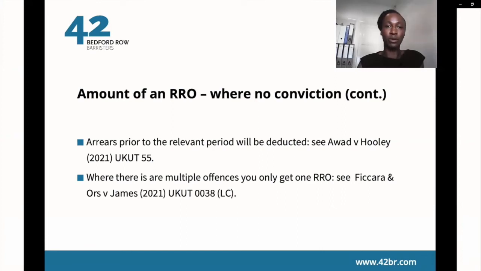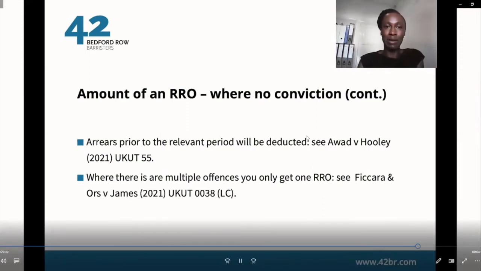The first tier tribunal, they were satisfied that all of those 3 offences had indeed been committed, but they said that they could only award 1 rent repayment order up to the maximum of 12 months. The tenants appealed and the upper tribunal essentially said what we need to do is look at the wording of section 44, and the same would apply for the precise wording of section 45.